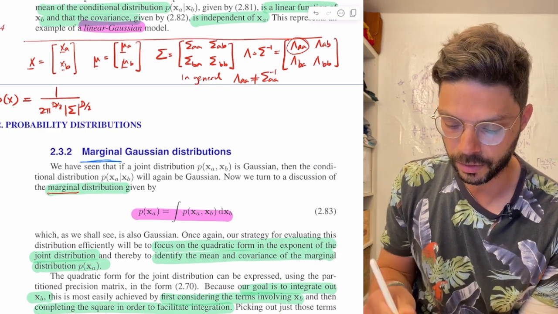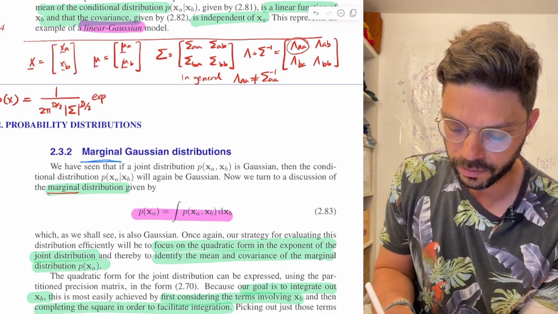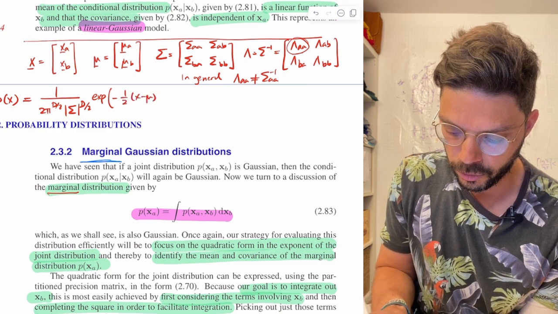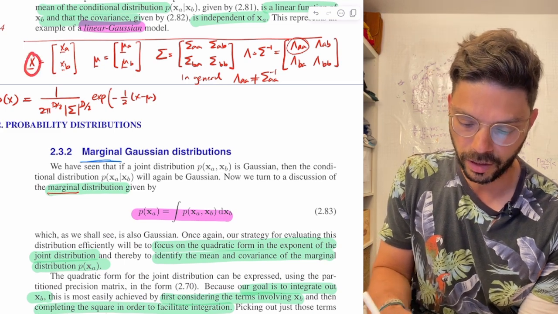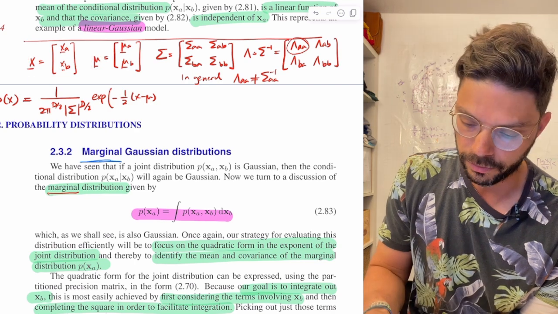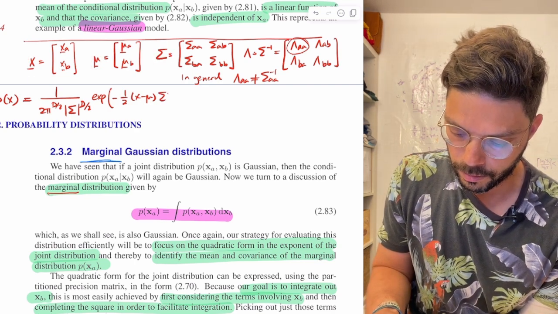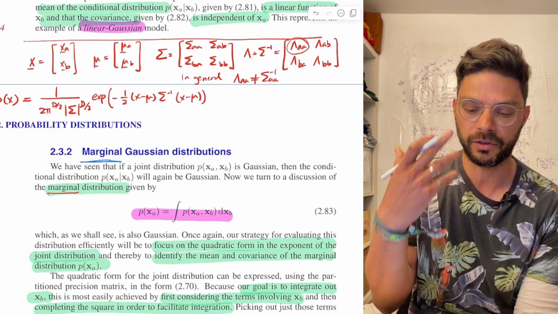You can look up exactly what it is. The important part is the exponent of minus 1/2 of X minus mu, and again we're talking about the full variables, the full means and the full covariance, times the covariance inverse times X minus mu. Okay, so that's the probability distribution.